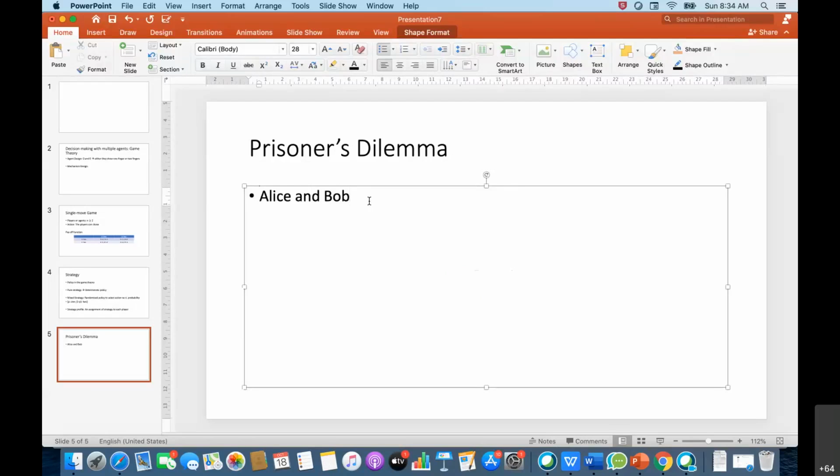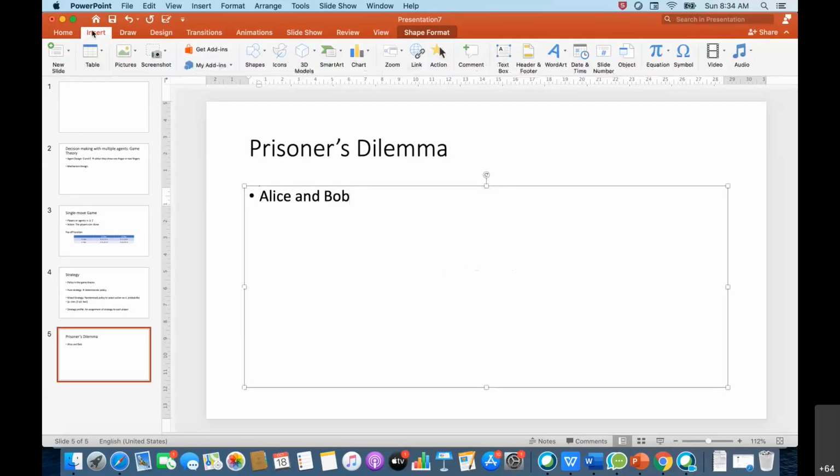None of them knows what the other is saying. Now Alice is being asked whether Bob has committed the crime. They already know that they will be given such rewards.